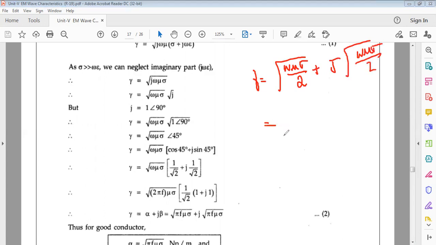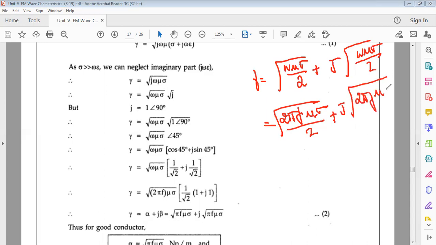Modifying this, under root of 2 pi f mu into sigma by 2 plus j into under root of 2 pi f mu sigma by 2, where omega is nothing but 2 pi f. So the 2 gets cancelled here, and here also the 2 gets cancelled.